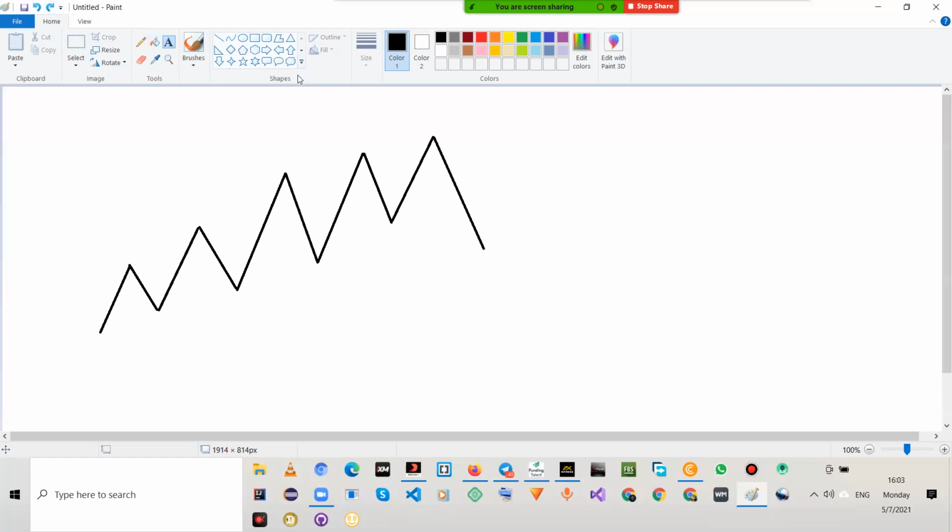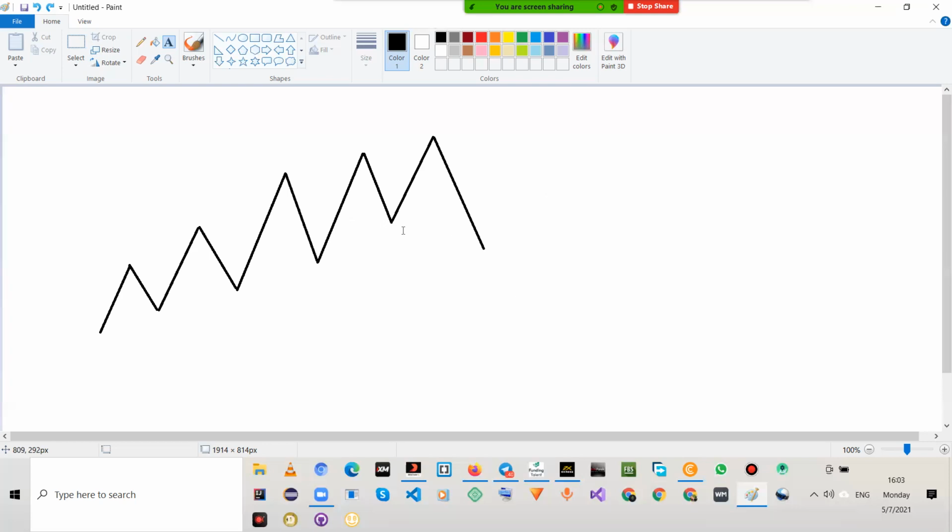Then there is the break of the market structure right there. What do I mean by that? The market structure has been broken. I mean the latest higher low has been broken through by price, meaning price has gone through the latest higher low.